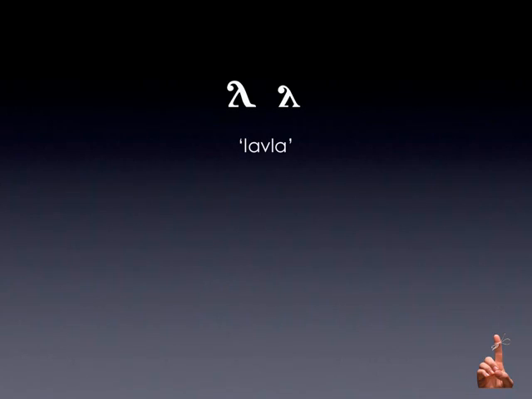The lavla is the equivalent of the letter L in English, and it makes a L sound, so L as in lamb. This is the lavla. This letter will be familiar to us for those who have taken geometry or algebra or any math classes. This is the letter P in Coptic.